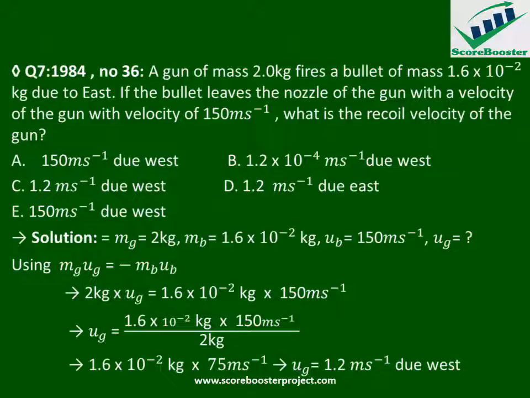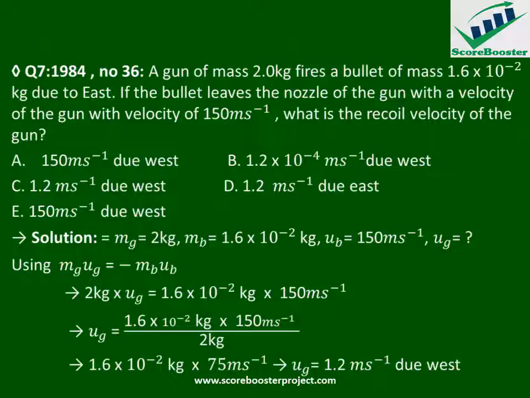And in substituting for that, our mg is 2 kg times ug, which is not given, equals minus of mass of bullet mb, which is 1.6 times 10 raised to power minus 2 kilogram, times ub, that is velocity of the bullet, which is 150 meter per second.